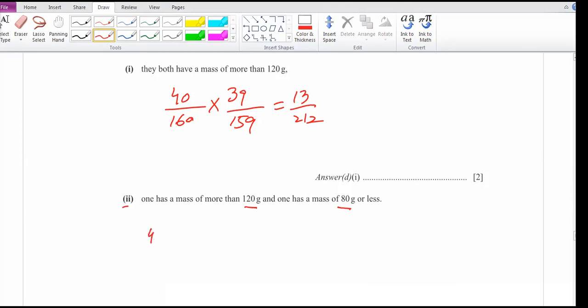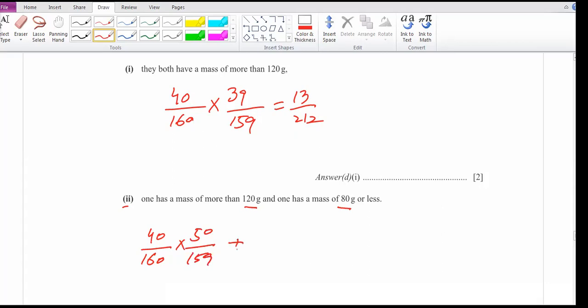In that case, the probability will be 40 over 160. And the second has a mass less than 80, so for the second it will be 50 over, but now the total will be 159 because we already chose one. So 50 over 159.